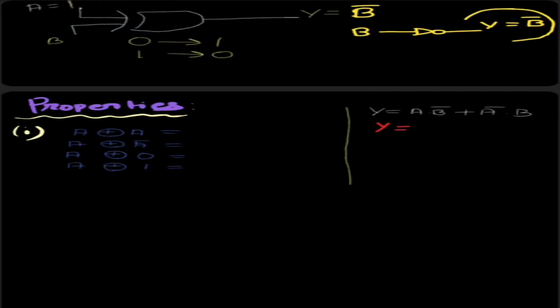Taking the first case, when A XOR A, we get A and A complement, or A complement and A, it becomes 0 or 0.